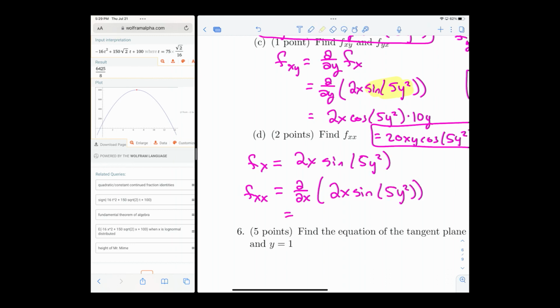Again, there's only x's right here. So the partial with respect to x there is going to be 2. So you get 2 sine 5y squared.